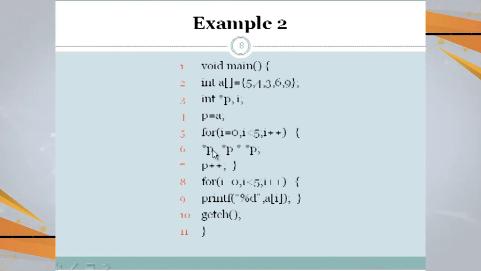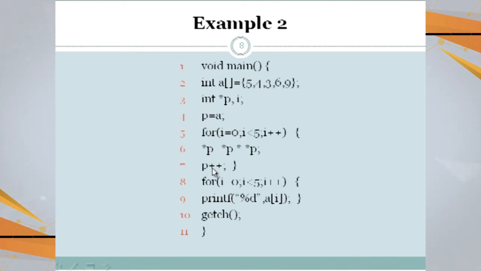So here p is pointing to the second element, *p, the value at the second element, that is 4, multiplied by *p. So 4 multiplied by 4 will return 16, and the second element this time will be reinitialized to the new result returned by the expression. Thus, the value of the second element will become 16.